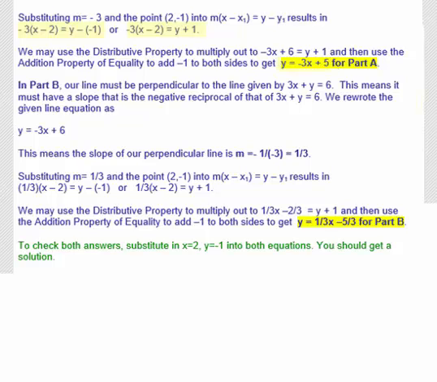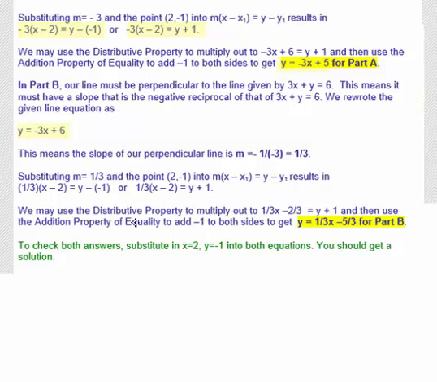Now, in part B, we have to use the line perpendicular to the given line, and if it's perpendicular, it means it has the negative reciprocal slope. Well, after we rewrote the given line in slope-intercept form, we got y equal negative 3x plus 6. So that means the perpendicular line will have a slope that is the negative reciprocal of negative 3, which is positive 1/3.